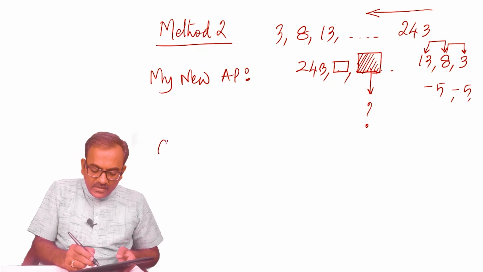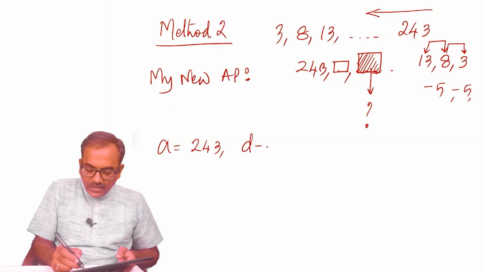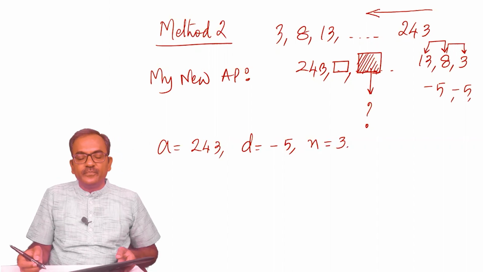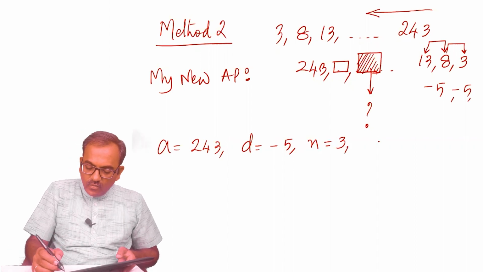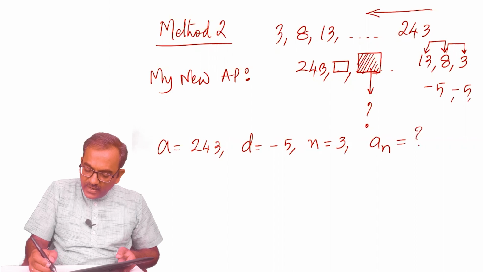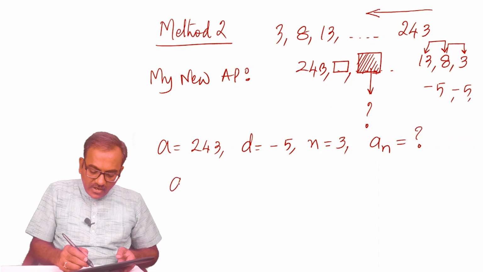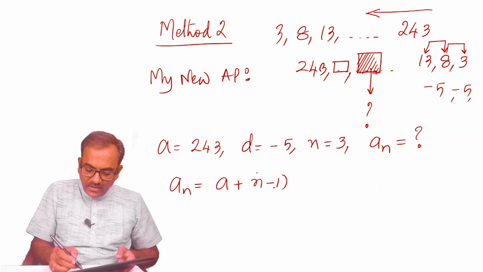So what I do here is I have a = 243, d = -5, and n I know, n is equal to 3. Using the same formula, what am I supposed to find? I am supposed to find the value of an. Let me check: an is equal to a plus (n minus 1) times d.